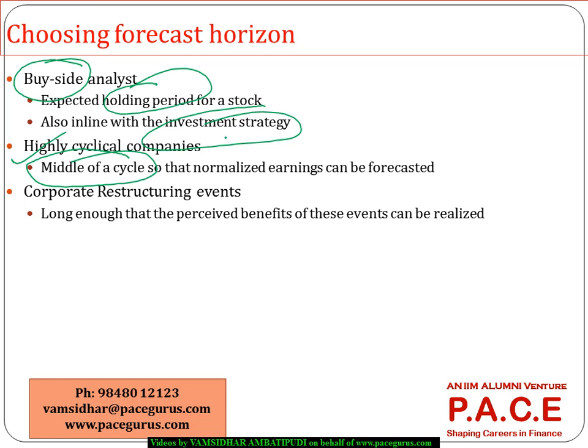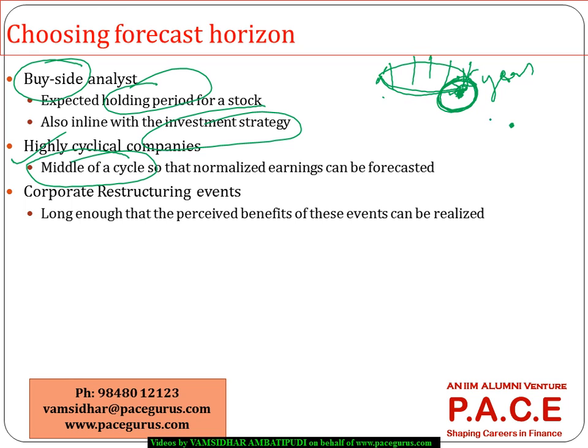So if I am assuming that the gap between the peak and the trough is going to be 15 years, and somewhere around 8 years the middle is going to be there, you make sure that the middle is part of your forecasting process, so that the normalized earnings can be taken. Because this is a boom, what if it had been a normal year? Do a normalization.